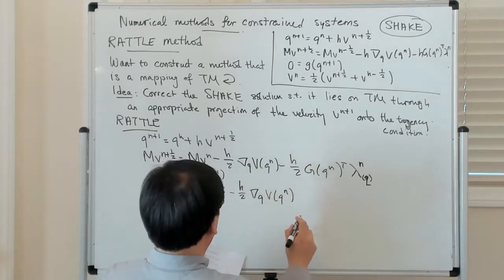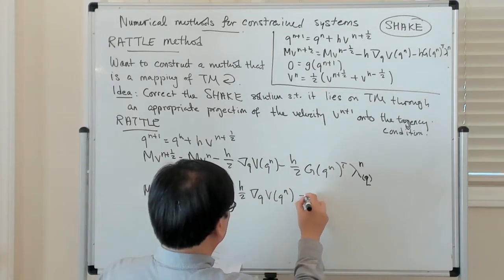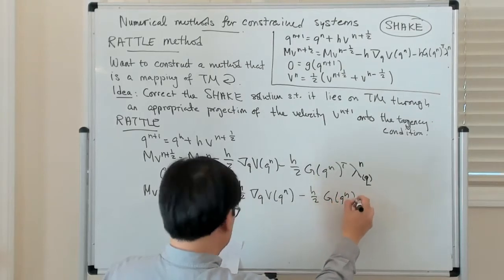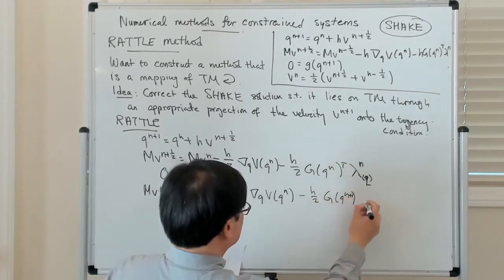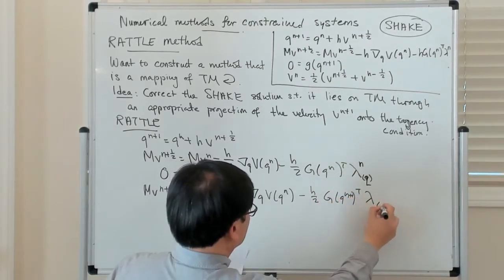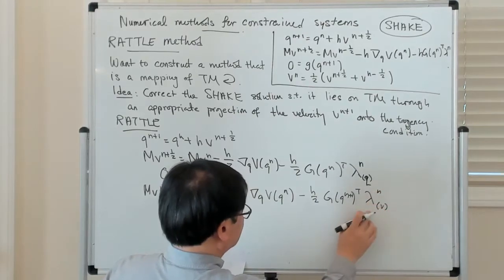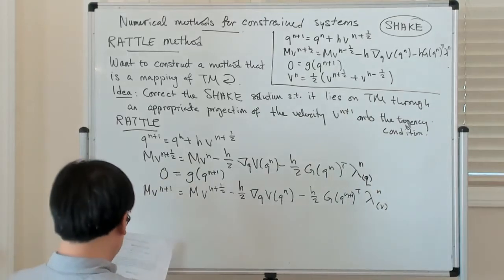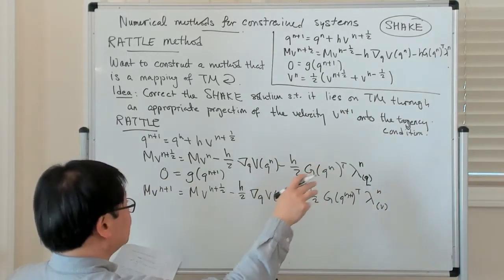So here I have a multiplier term, but now to constrain the velocities, lambda v_n. This gives me the flexibility to then satisfy the tangency condition.